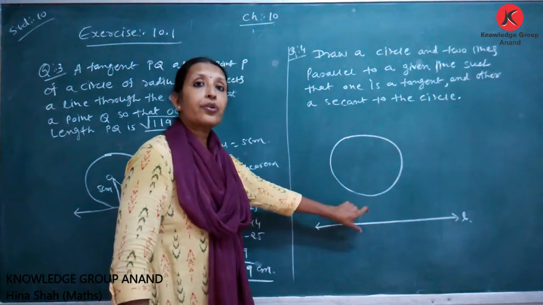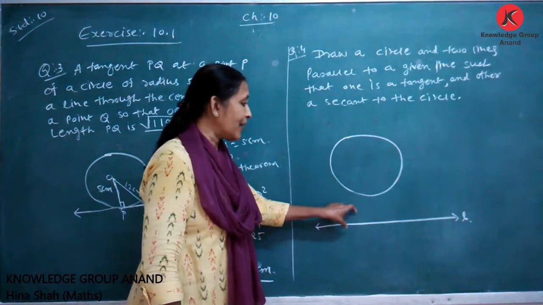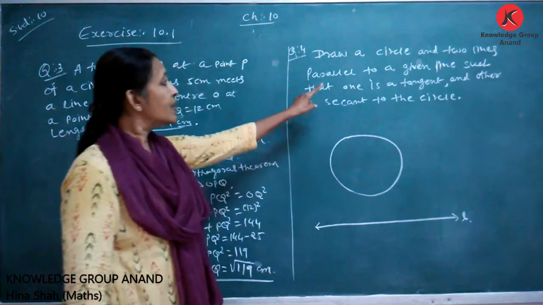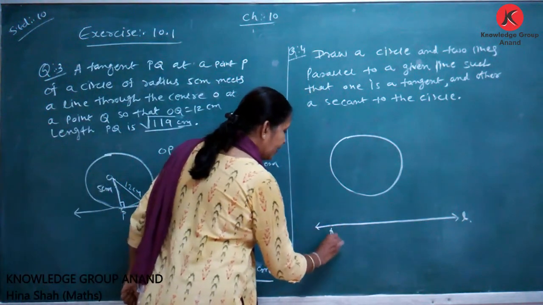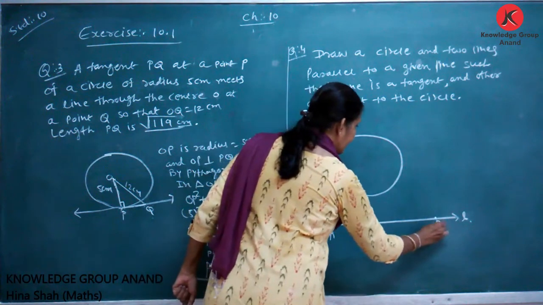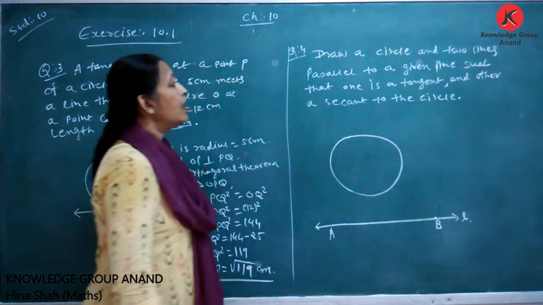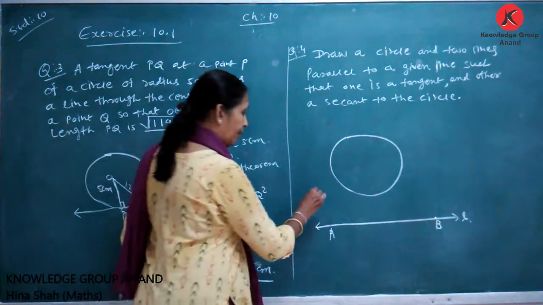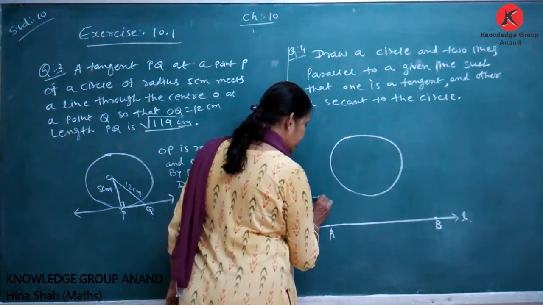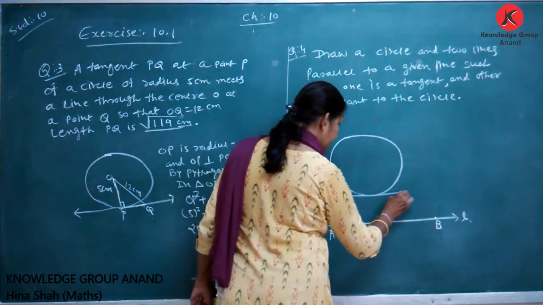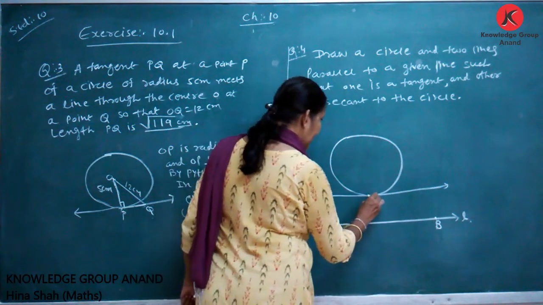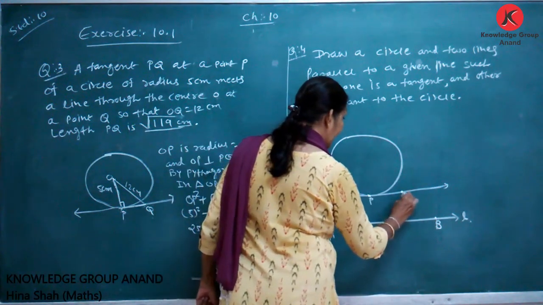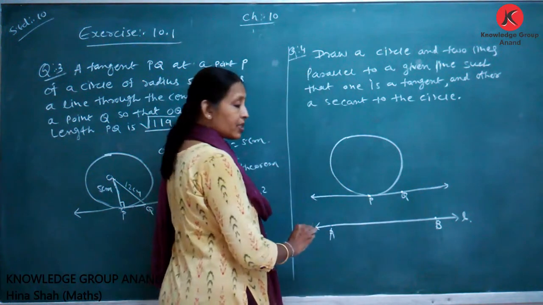We want to draw two lines parallel to L. This is line AB. One is a tangent parallel to this. I call it line PQ, parallel to this line.